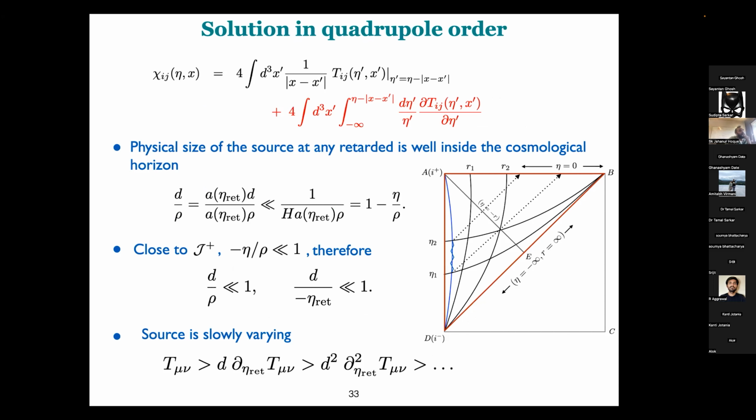linearized equation, and we assume that there is a source near the line, and that the source is well inside the cosmological horizon, namely d over rho is much less than 1. So d is the coordinate dimension of the source. Then we assume that the physical size of the source at any retarded instant is well inside the cosmological horizon, so you get this constraint.